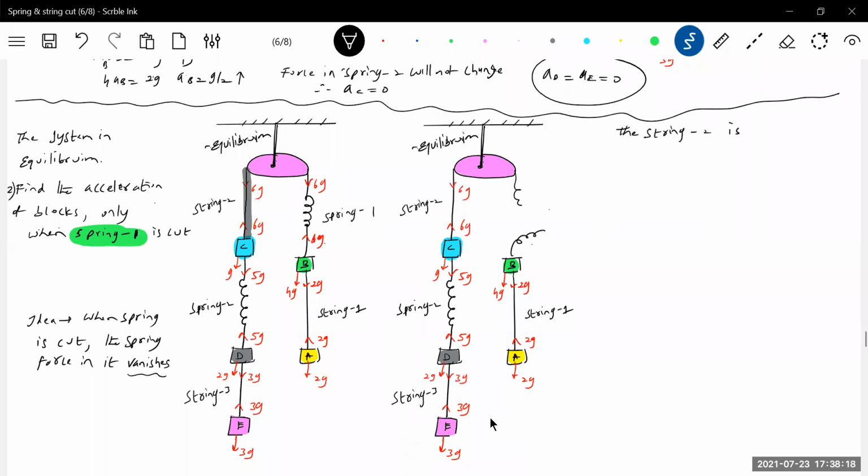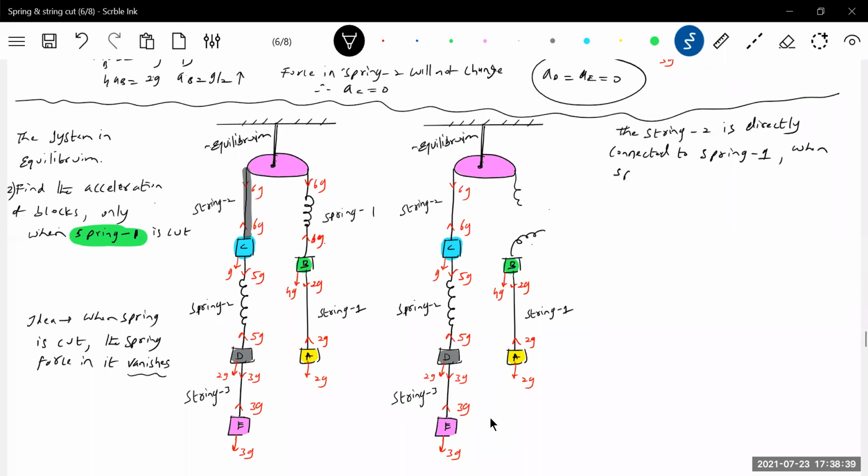Sir, tension in string 2 vanishes in the sense what, sir? Wait, let me explain. Please wait, have patience. String 2 is directly connected to spring 1.